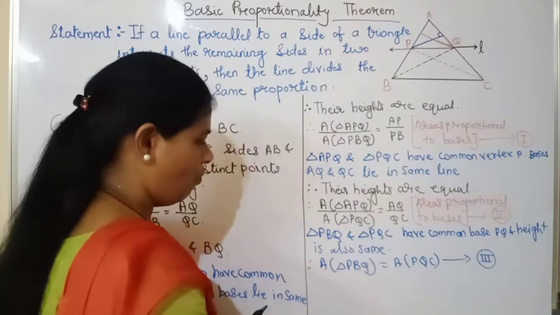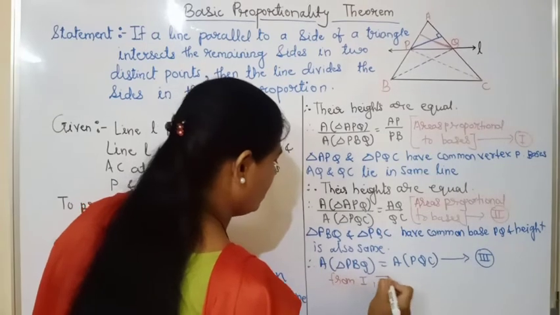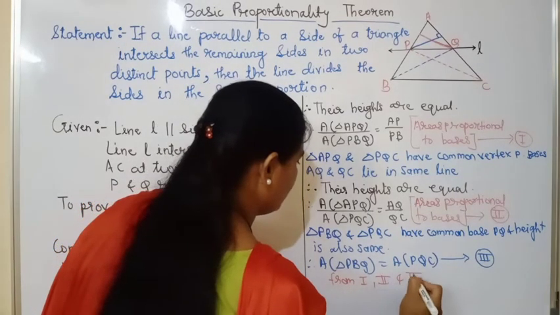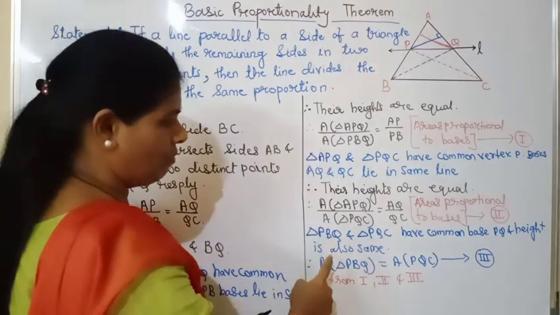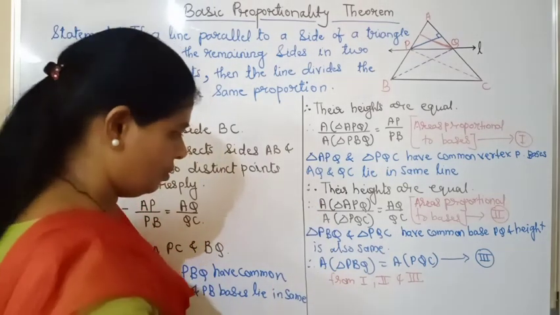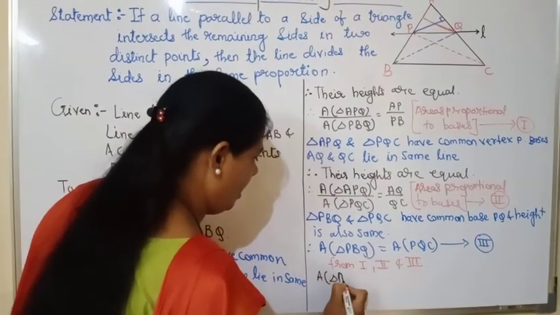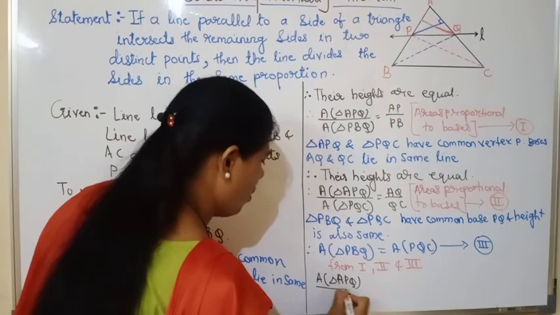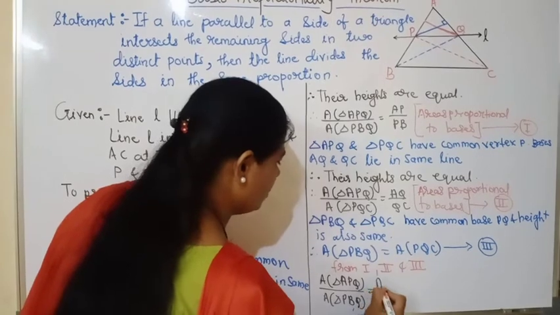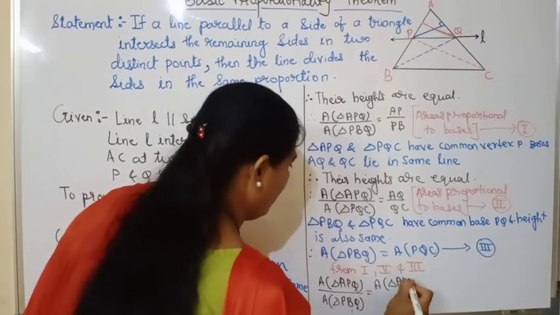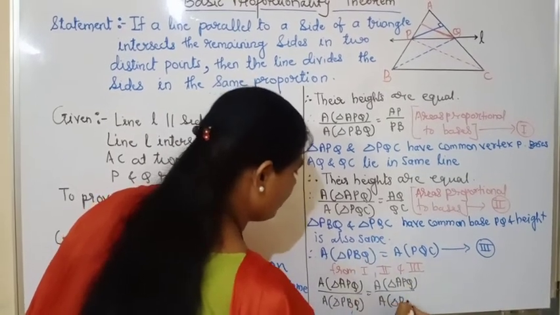Now from 1, 2 and 3, what we get is area of triangle APQ upon area of triangle PBQ is equal to area of triangle APQ upon area of triangle PQC.